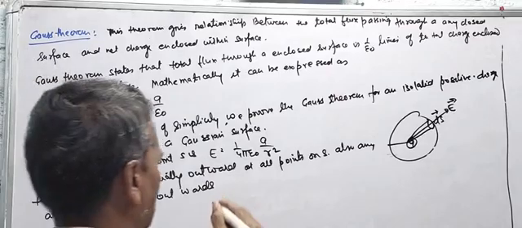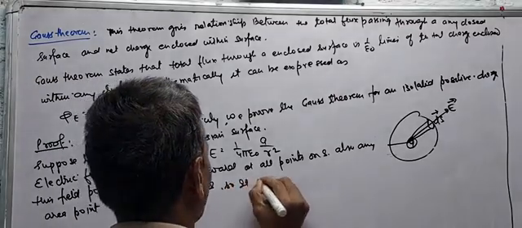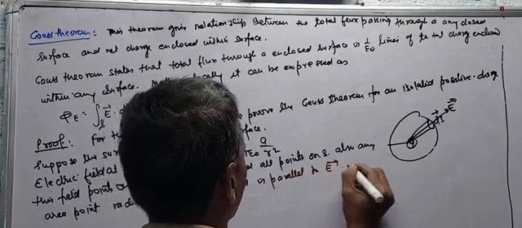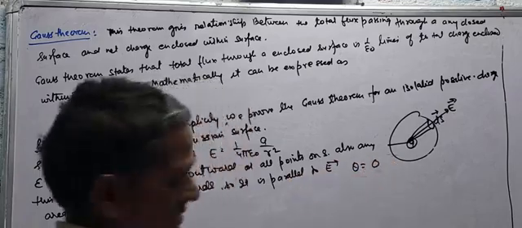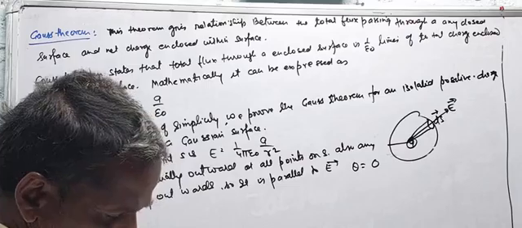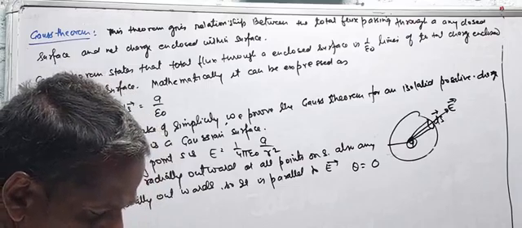So it is parallel to electric field E and theta equal to 0.